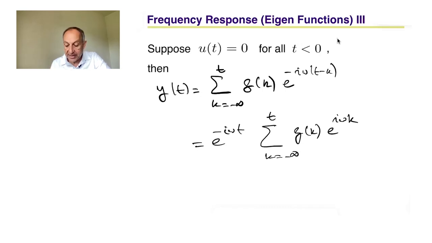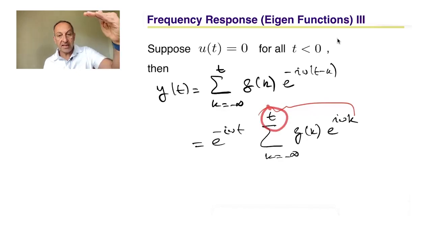The problem is that this expression is not exactly the Z transform, or the transfer function, evaluated at e to the I omega. It is there only up to value t. So we're missing the part that goes from t to infinity in order to define the transform.